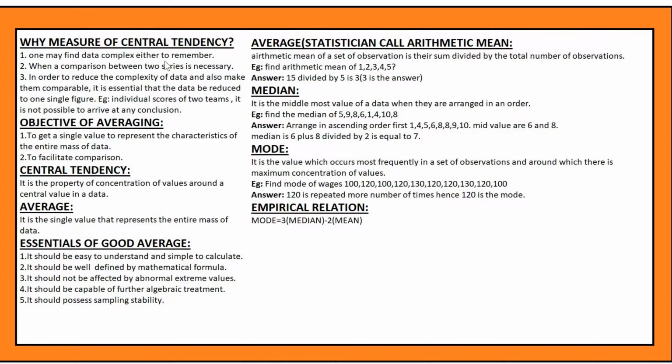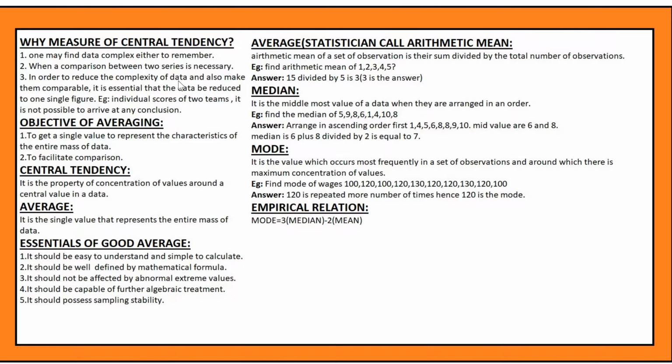One may find data complex to remember. Simply numbers are there, so a series of numbers is very difficult to understand. A comparison between two series is necessary. How will you compare a few numbers here and a few numbers here? It's difficult.